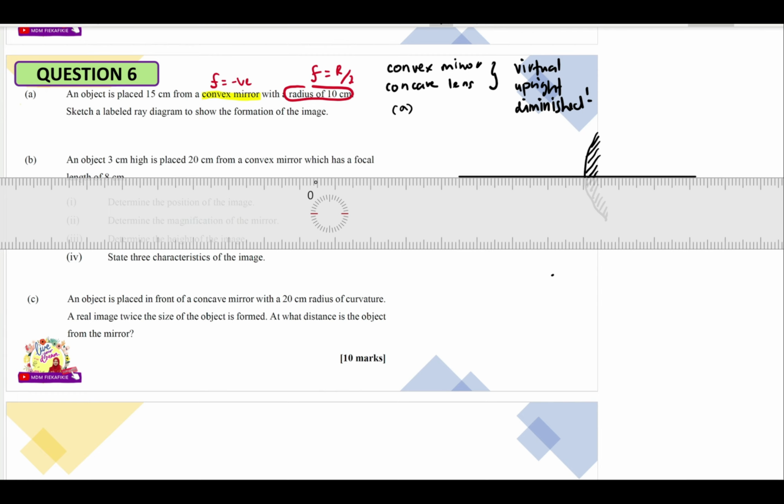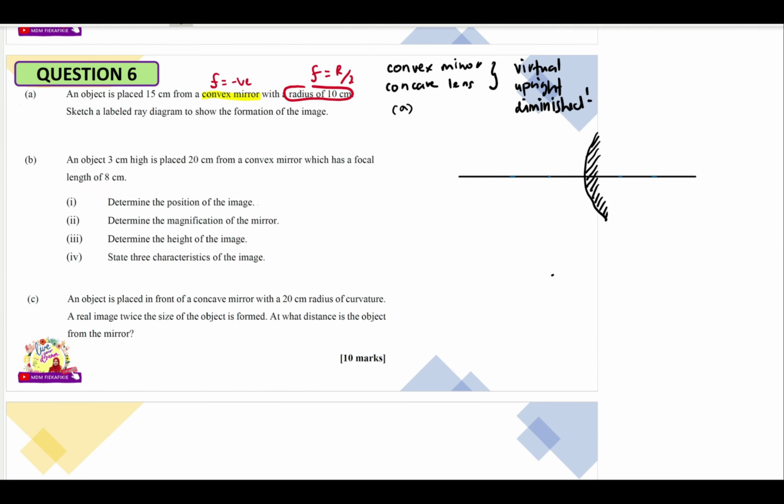Kalau kat sini, saya ambil lah scale. Kalau ini 2 cm. Okay, sekejap saya letak dulu. Saya tandakan, 1 and 2. So focal length and the radius of the curvature. Okay, C lah. And then another one saya akan letak kat sini, 1 and then 2.